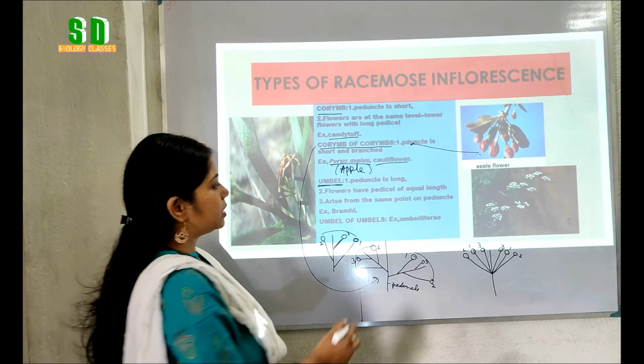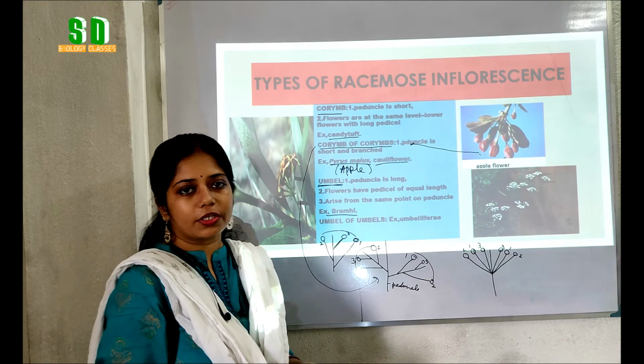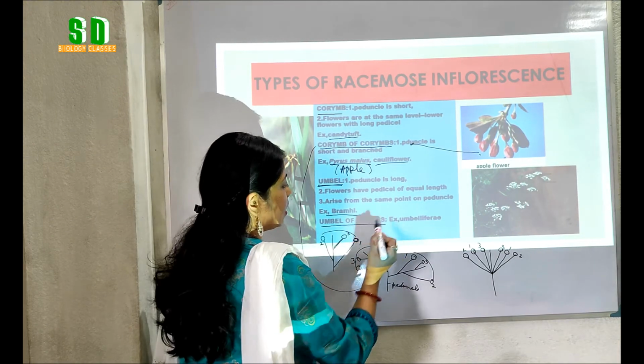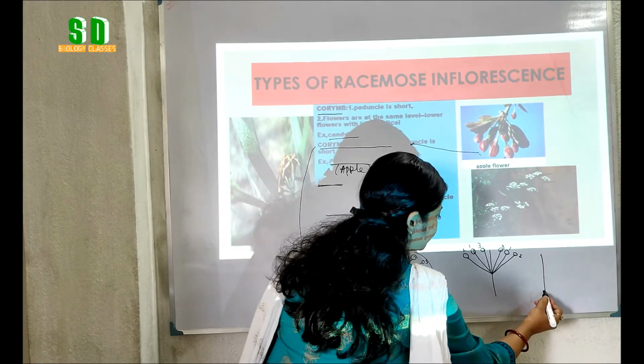An umbrella-like structure we can see here, and the example is Brahmi, the scientific name of which is Centella asiatica. Also, this is the main peduncle.